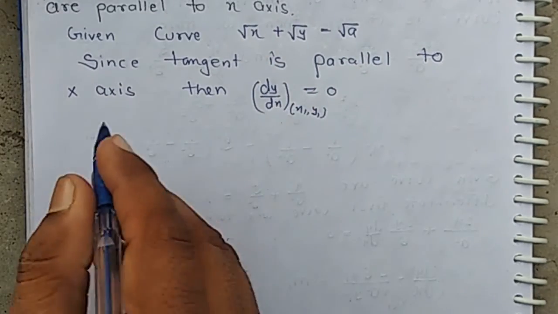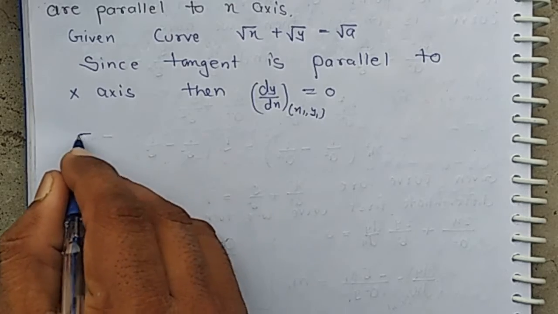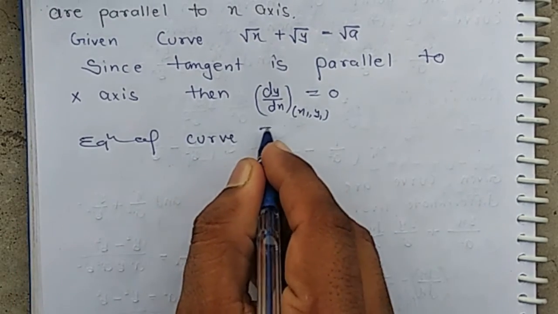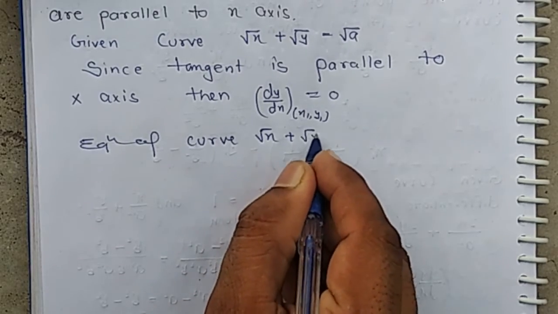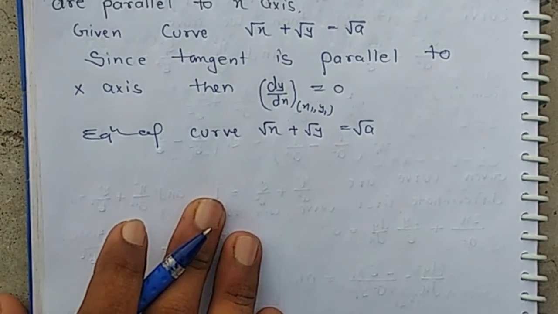We differentiate the given curve. Equation of curve: root x plus root y equals root a. Now differentiate it with respect to x.